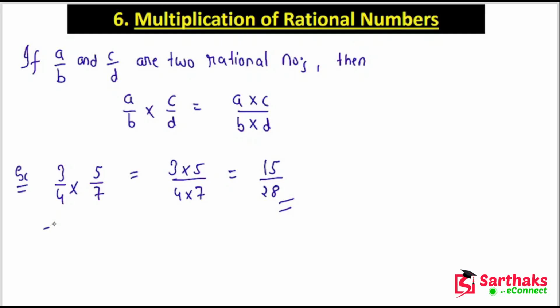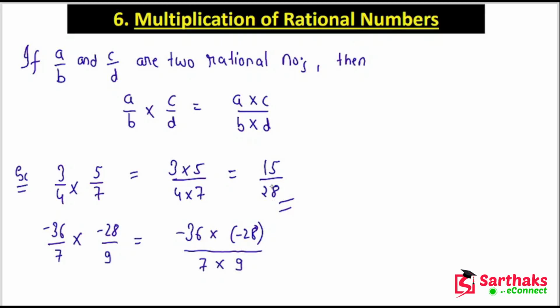So we can have minus 36 upon 7 into minus 28 upon 9. Then again you have the same point, minus 36 into minus 28 whole upon 7 into 9.